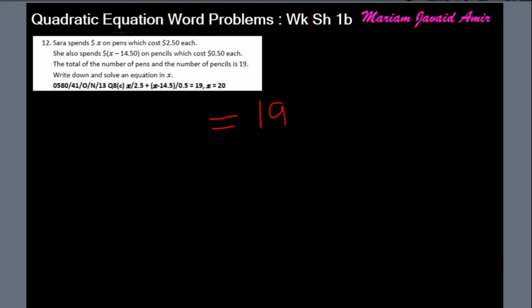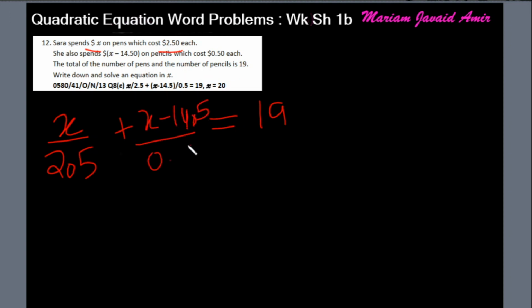The total number of pencils and pens she buys is 19, and she buys pens for $X, and each costs $2.5. So she buys X over 2.5 total pens, plus she buys X minus 14.5 over 0.5 total pencils.